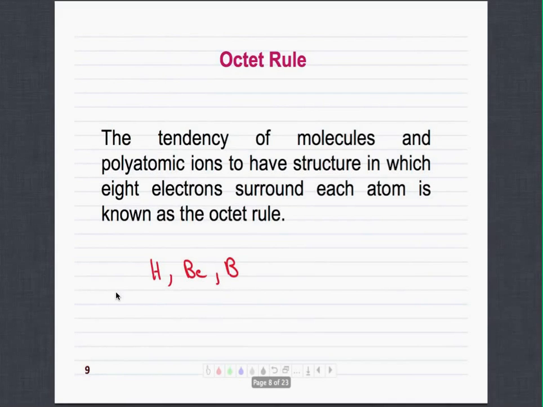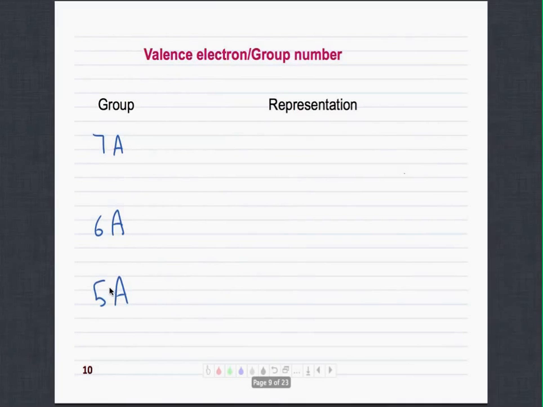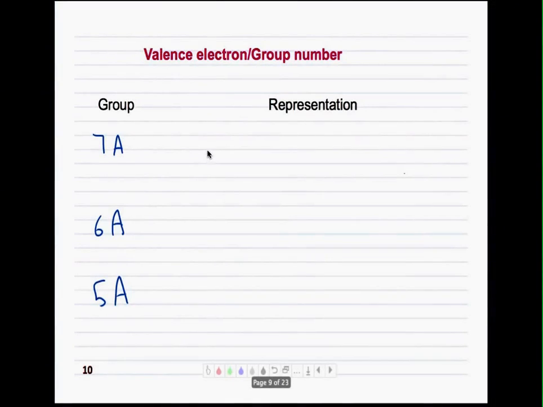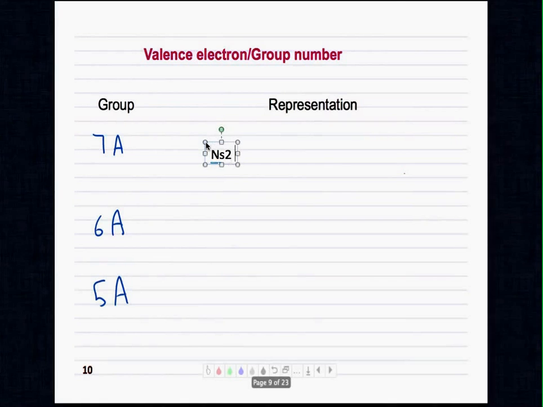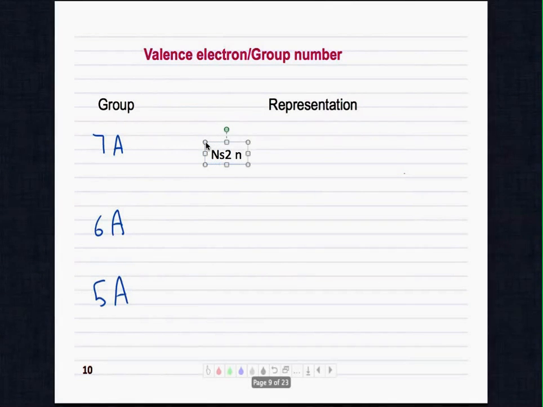Now, the valence electrons, how are we going to represent those groups? Let's say I have an element from group 7A. I know for sure that the electronic configuration is ns2 np5. This is what we learned in chapter 6. So the box notation is 1, 2, 3, 4, 5. 1, 2, 3, 4, 5.